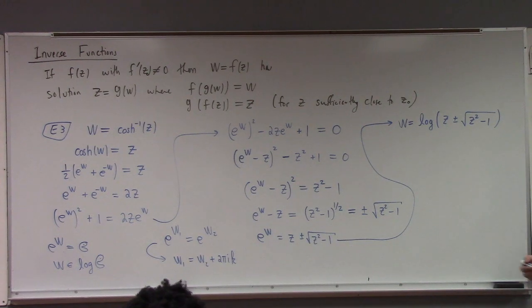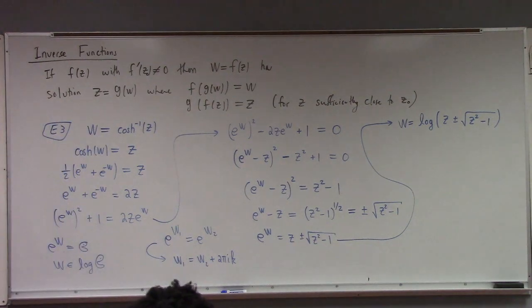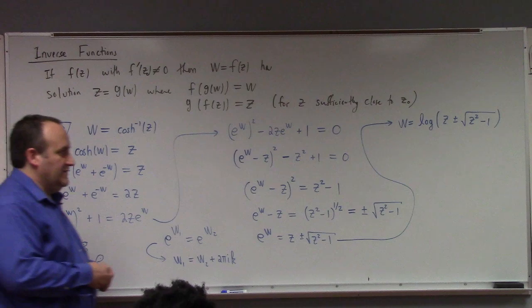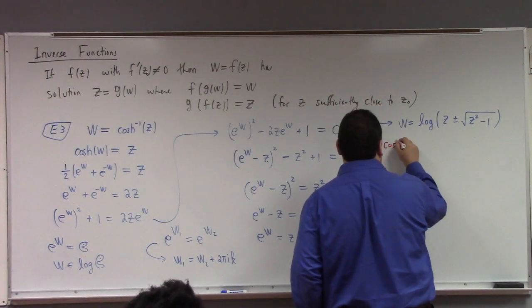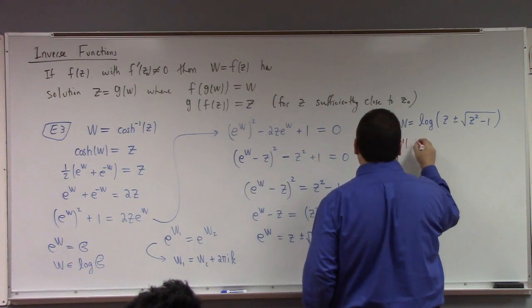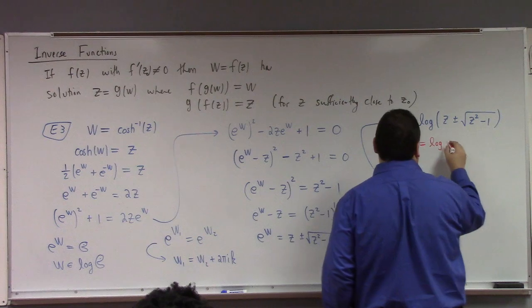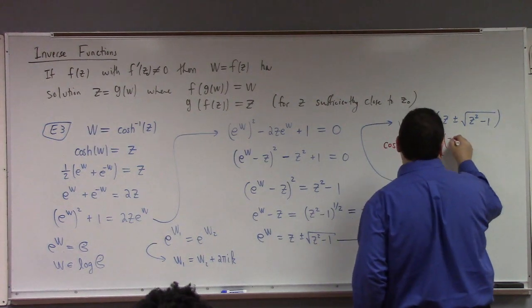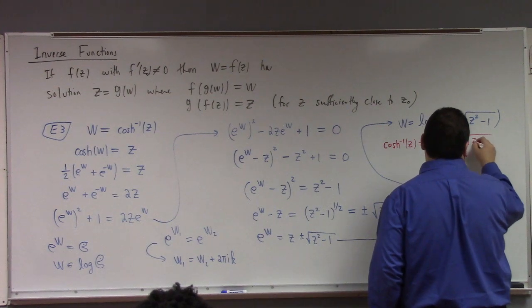All right, so to summarize, we've found this lovely formula that shows you that the inverse hyperbolic cosine is not one function. In fact, it's a multiply valued function, and you have many choices in terms of which logarithm you use, but also whether you choose the positive or negative root.